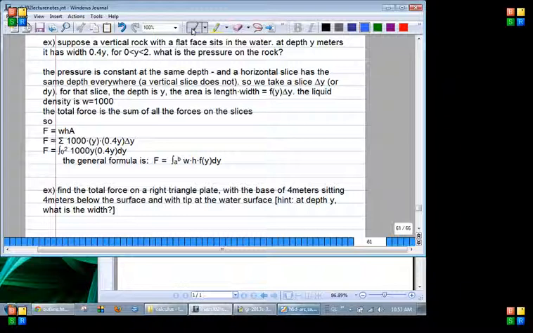And that right triangular plate has a base of 4 meters, which is 4 meters below the surface, and the tip is at the surface of the water. So how do we find the total force? So what should we do to start?